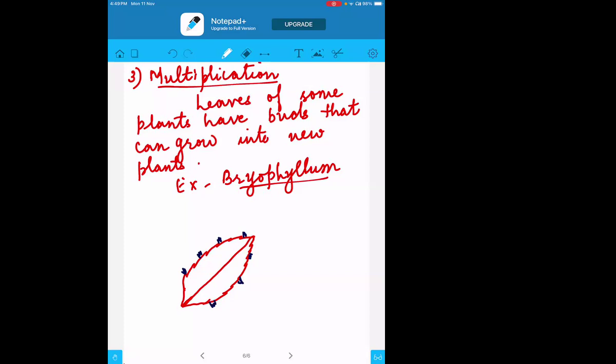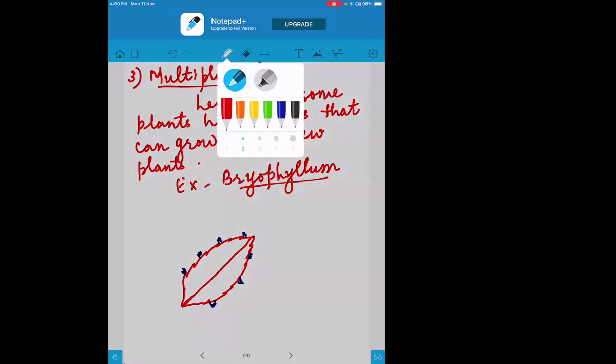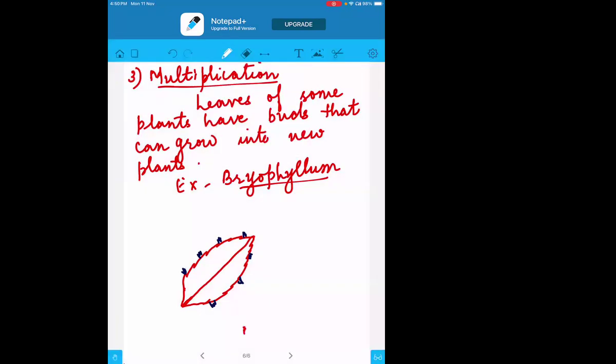Now when the wind or any other agent comes, the leaf will fall down, the bud-like structures will fall down like this, and as soon as they fall down, they start growing into new plants. So that is multiplication. From one plant we are able to get more than one, increasing the number of plants.